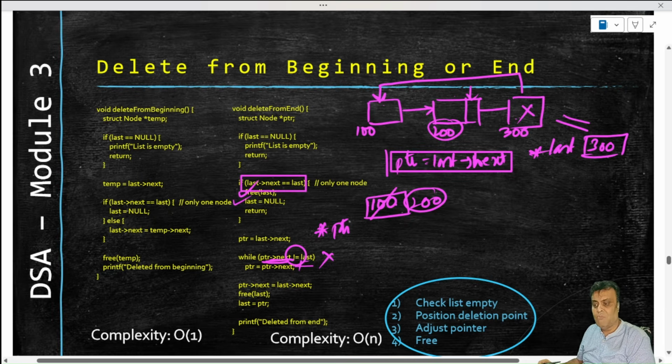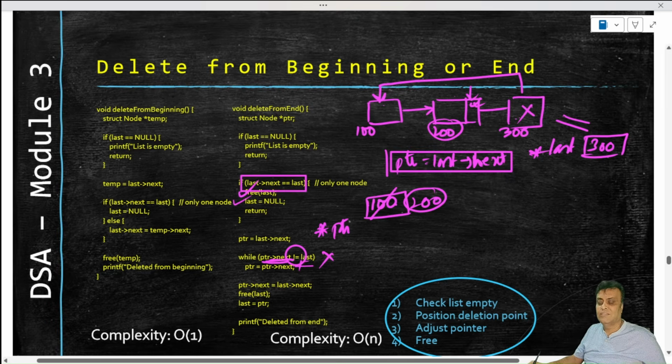So my PTR next should be equal to last next. What is last next? The last is right now at 300, and 300 next is 100. So PTR next should be 100.